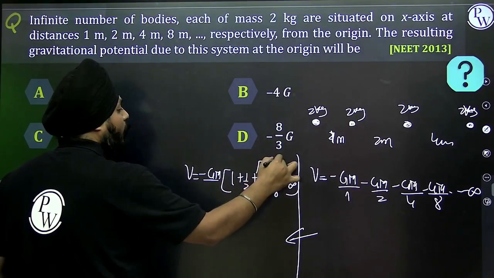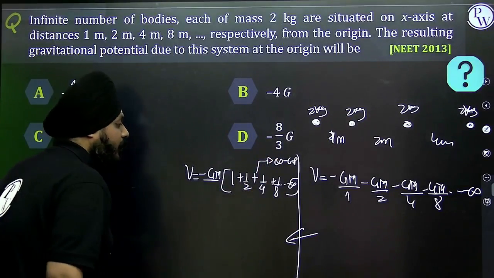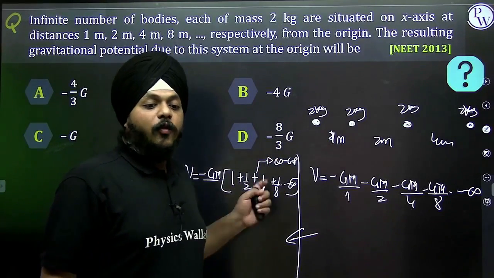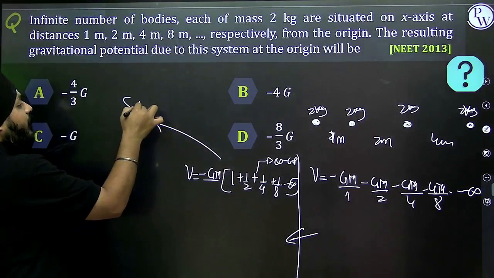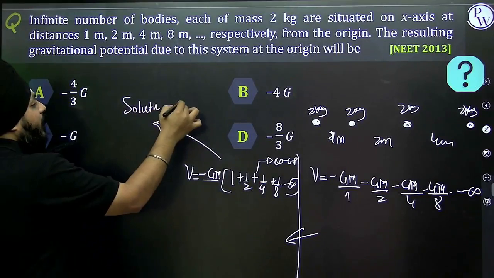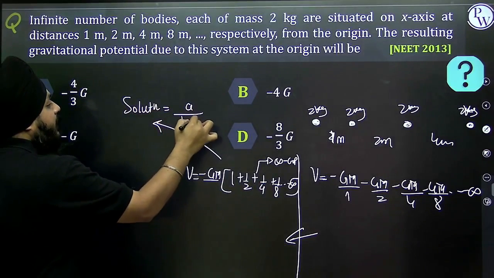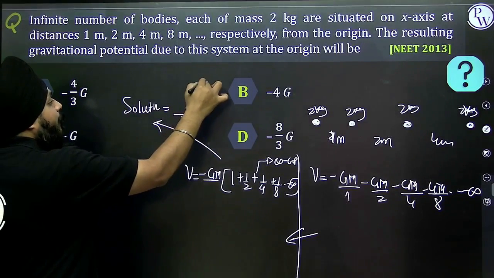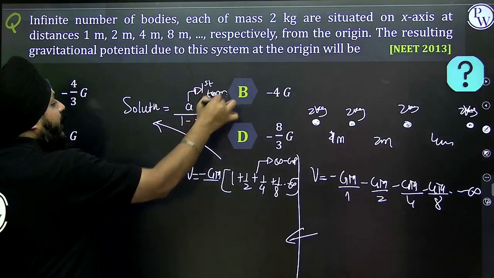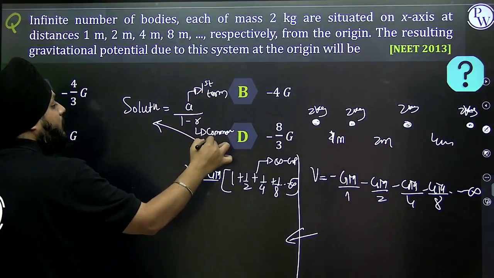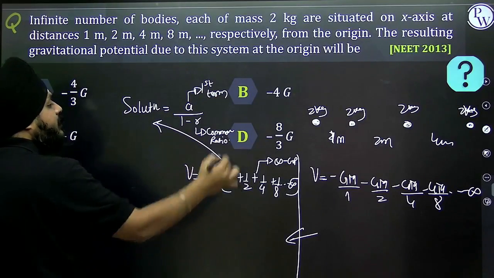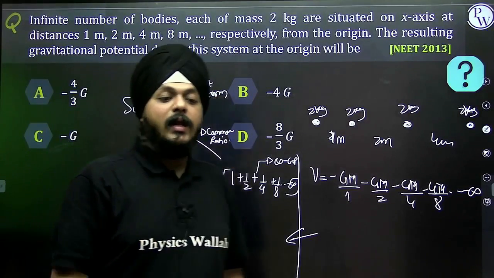This is the case of infinite geometric progression. For this kind of series, we have the solution a/(1 - r), where a is the first term and r is the common ratio.